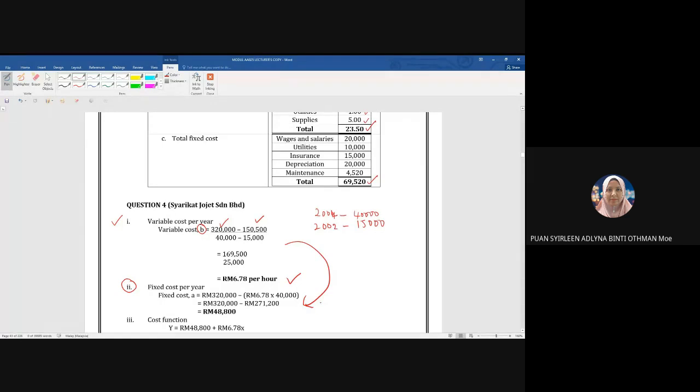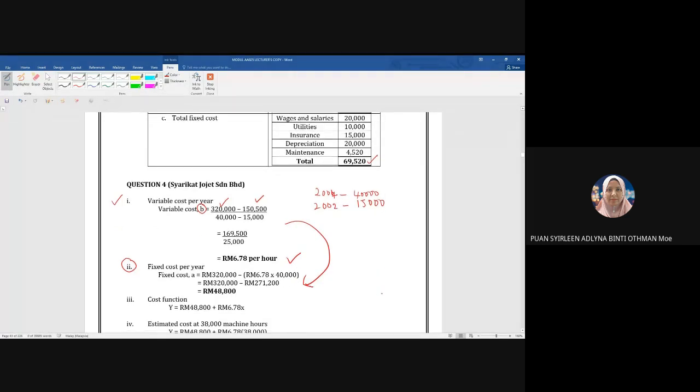Okay, and then dia suruh kita buat cost function. Okay, so my cost function is RM48,800 plus RM6.78 X. Okay, lepas tu dia suruh estimate cost of electricity pada 38,000 machine hours.